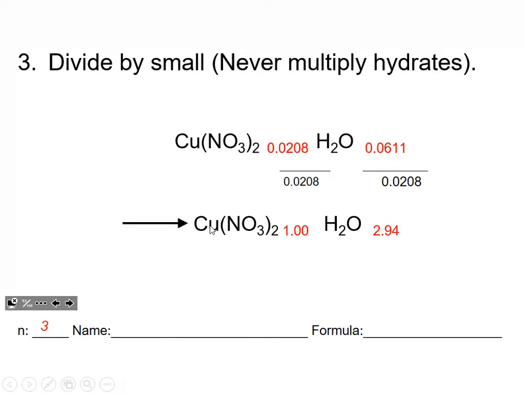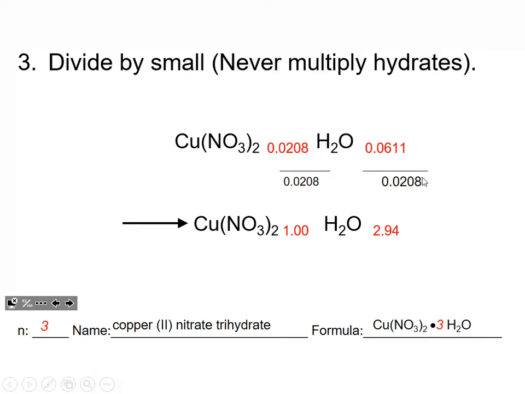And the name of this, according to the problem, is copper 2 nitrate. So I put copper 2 nitrate, and then 3, the prefix for 3 is trihydrate. For the formula, I'm going to write Cu(NO3)2 dot and then 3H2O. And that is my answer.